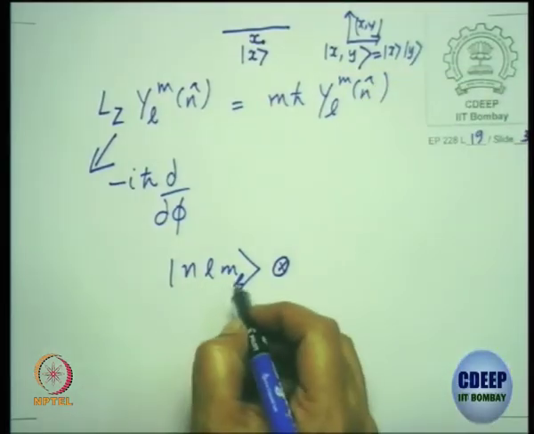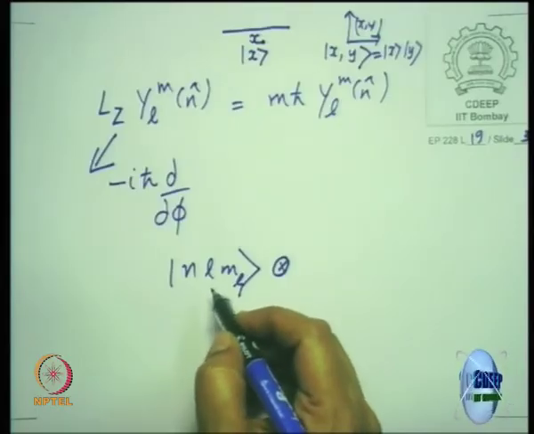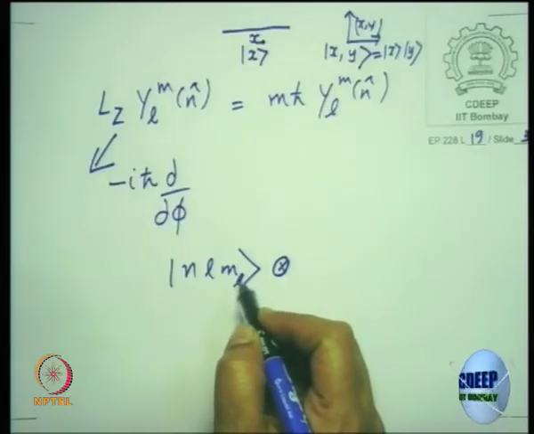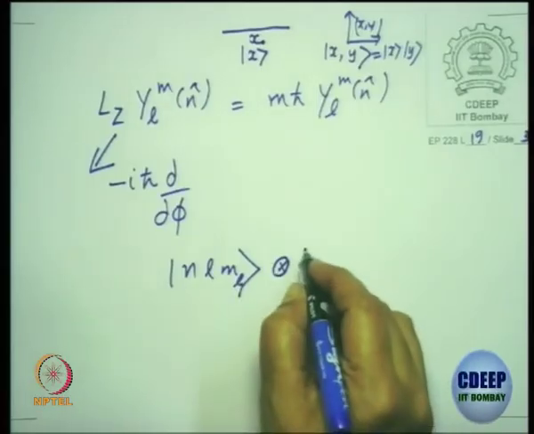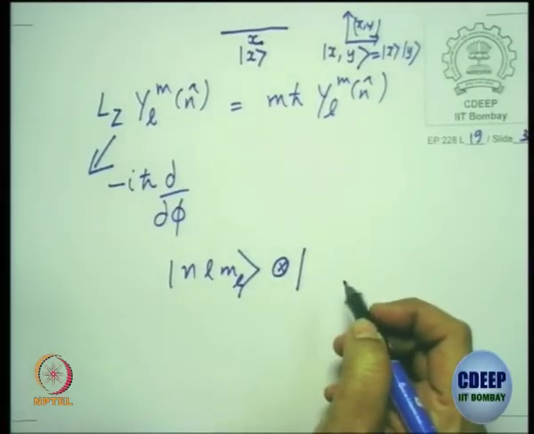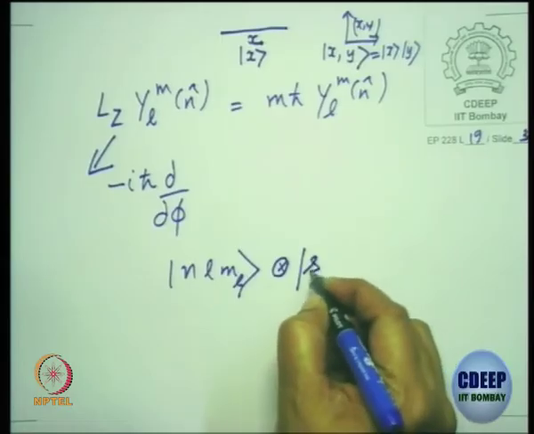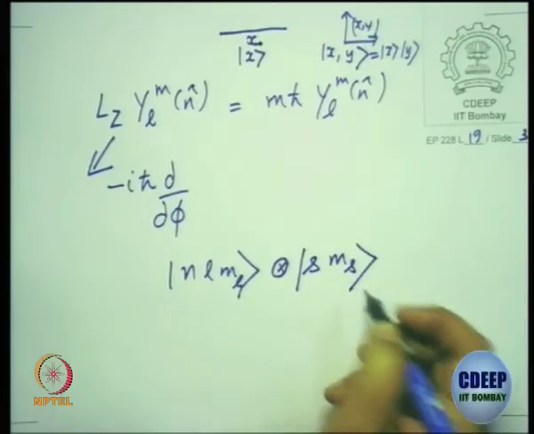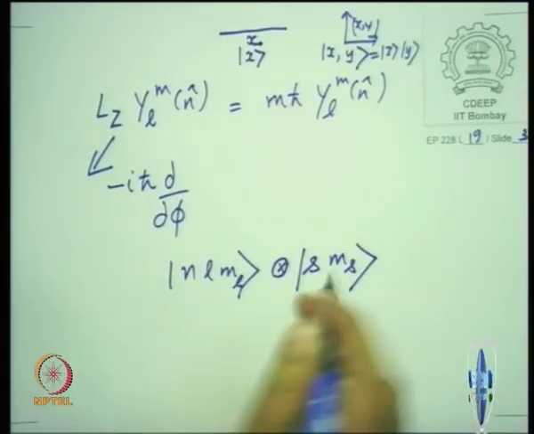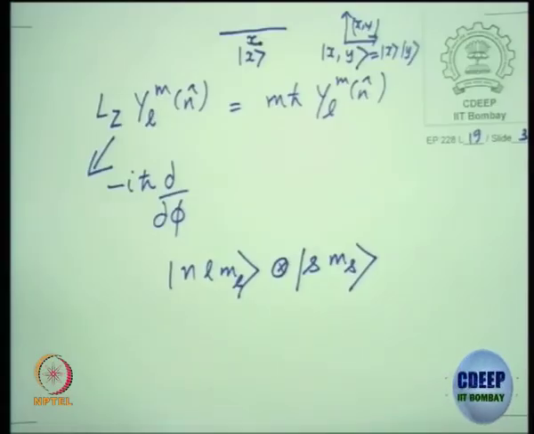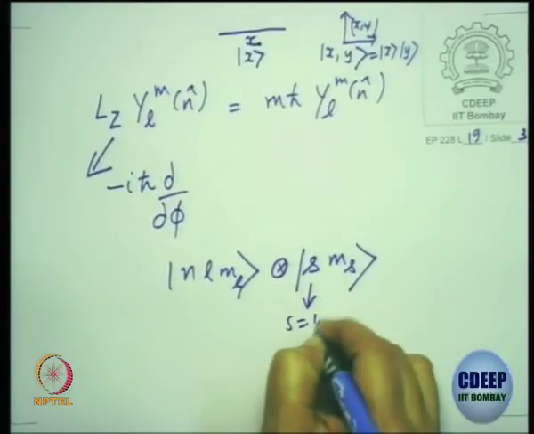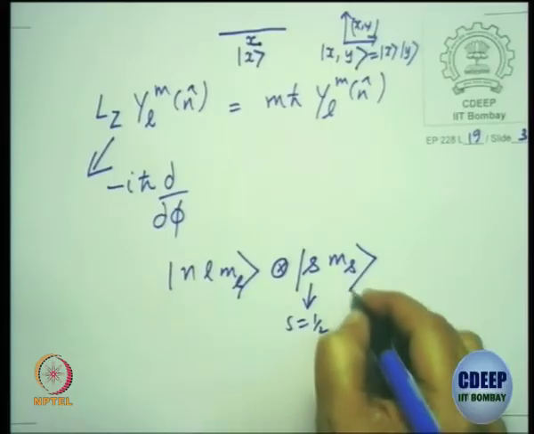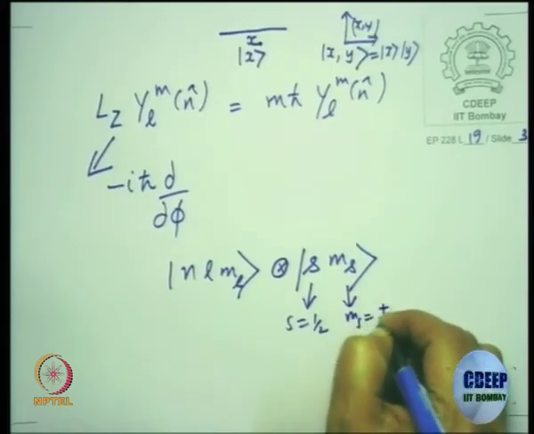You have a space which is principal quantum number, azimuthal, magnetic quantum number. But you also are forced by experiments to introduce a spin quantum number and an MS quantum number, which is independent. Because you see two lines in the experiments, even for L equal to 0 in the presence of a magnetic field, we try and say that S is half and MS can take values plus or minus half.